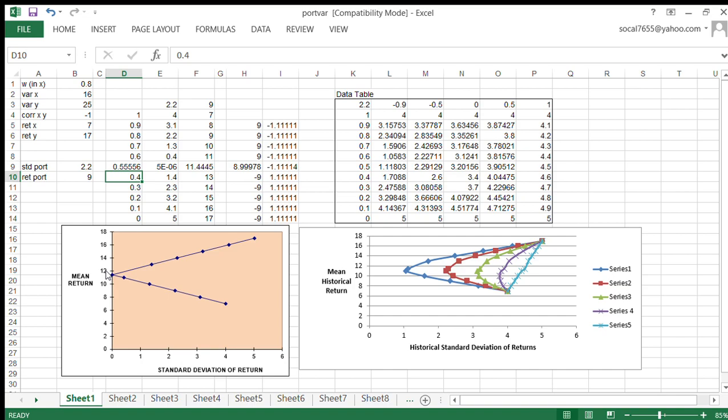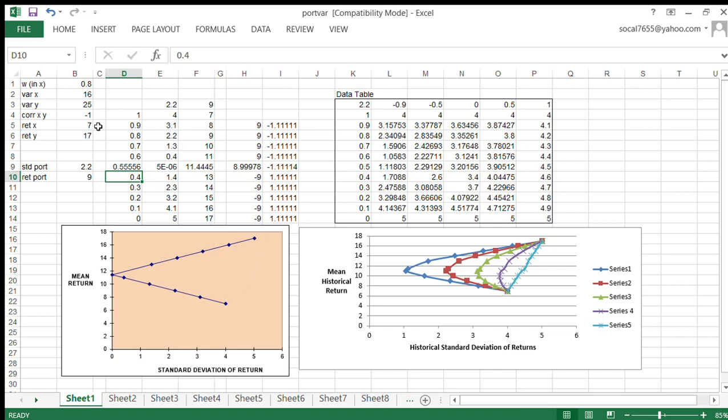I guess here it's 5.00004. Anyhow, that is effectively 0. And so we get this. And you can imagine if you put the one we had before it, there's our triangle. Anything else is in between.